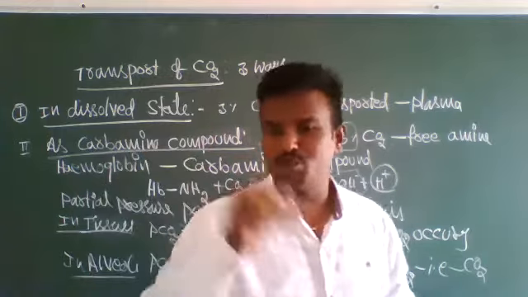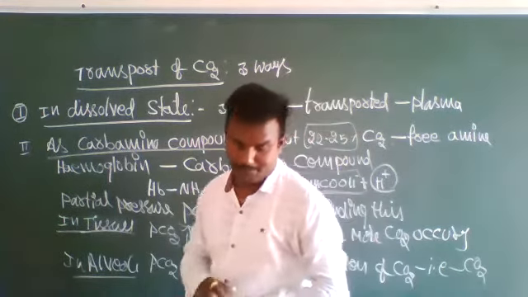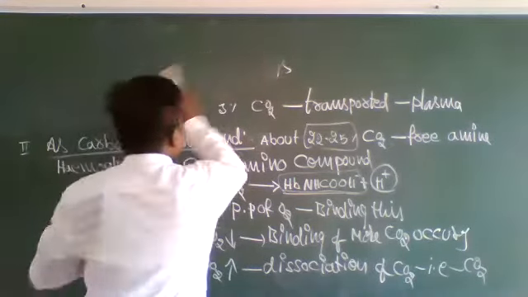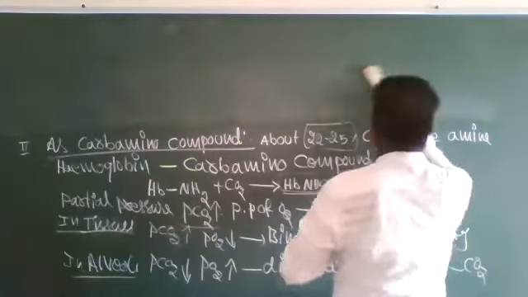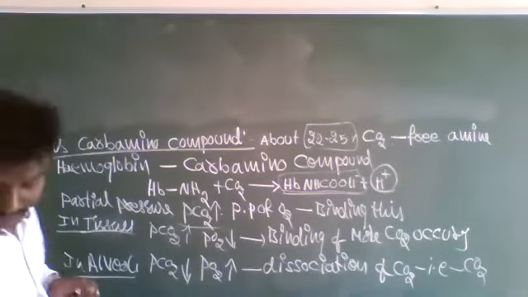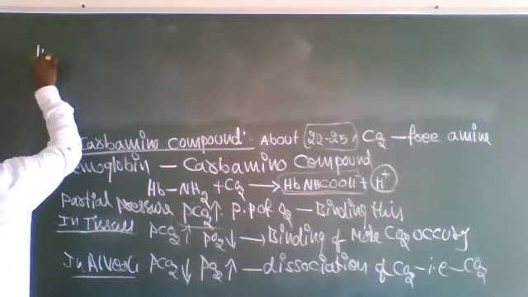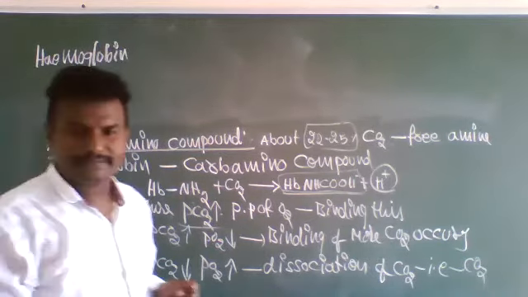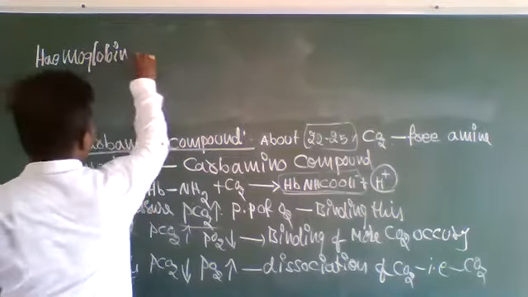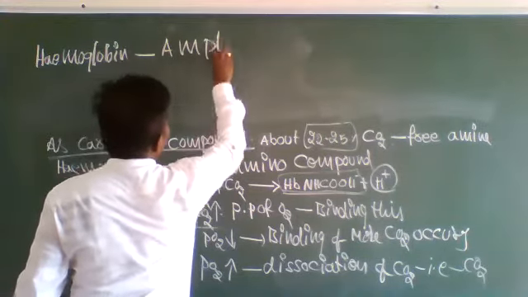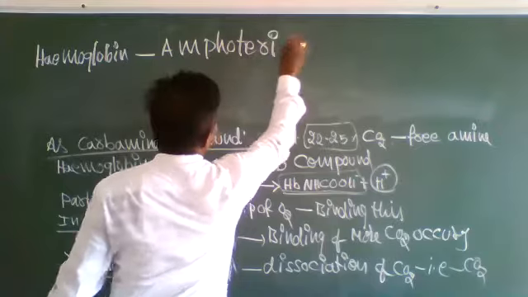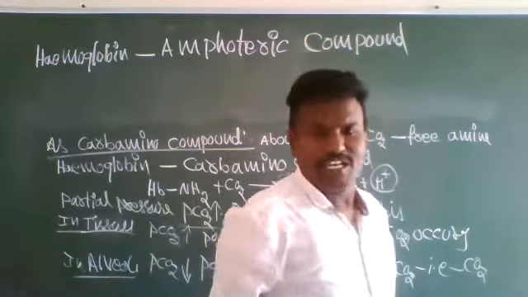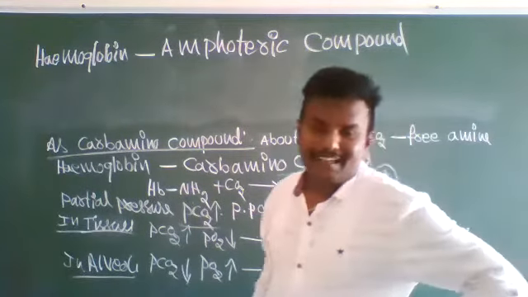Here, one point you have to remember for the objective discussion: hemoglobin is an amphoteric compound.